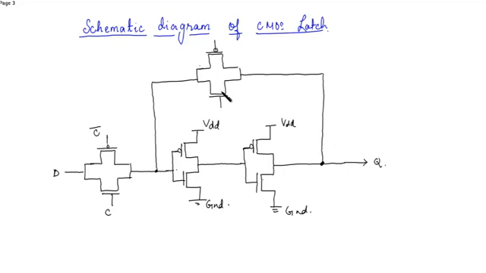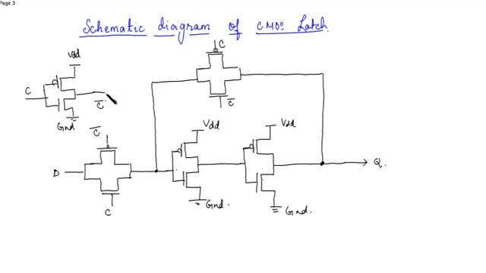So this is C bar and this is C. We'll use an inverter for connecting C and C bar. So this is VDD, this is ground, this is C, this is C bar.